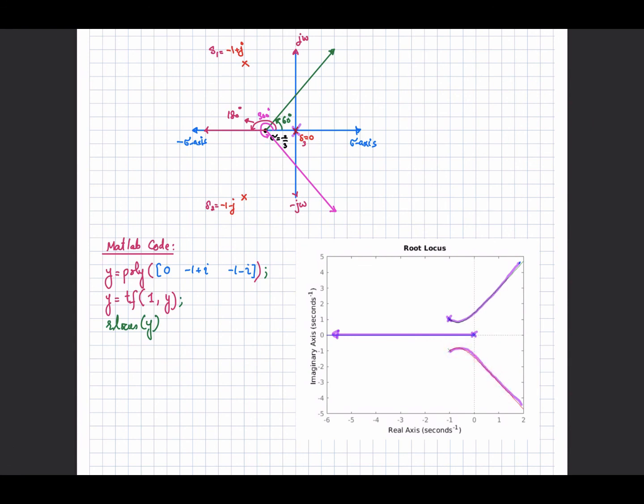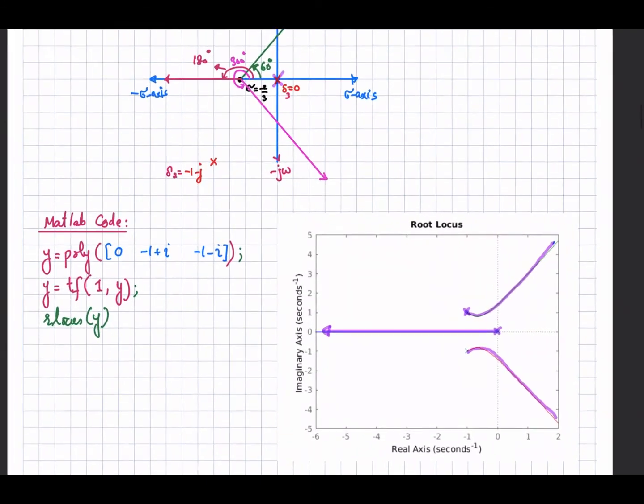So with the help of the rules that we have discussed so far, you can sketch the path along which these poles will be moving. This pole is moving toward infinity, this pole is moving toward infinity, and this pole is moving toward infinity, because there is no zero. All the zeros are sitting at infinity.